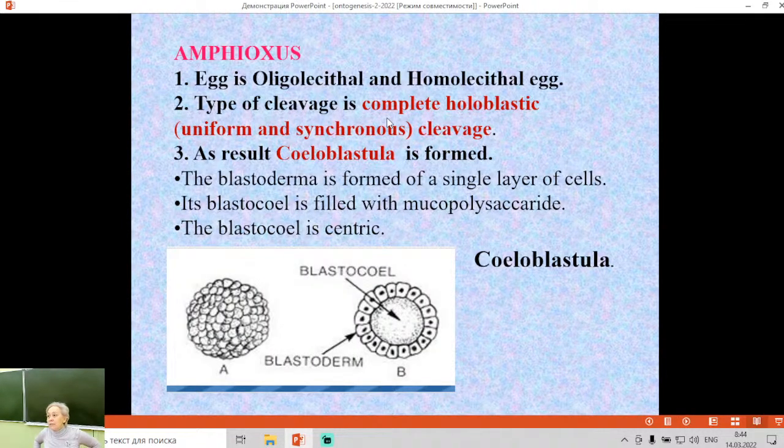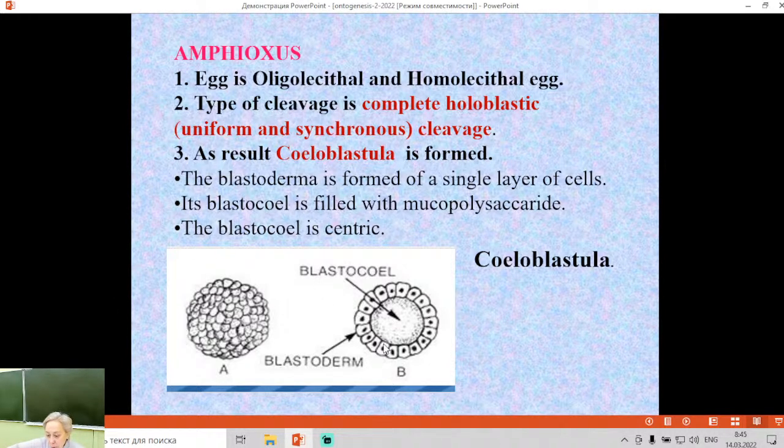And consider this process more carefully on the example of the organism Amphioxus. Amphioxus has eggs which are oligolecithal and isolecithal. The type of cleavage is complete holoblastic, uniform and synchronous. As a result, a coeloblastula is formed.